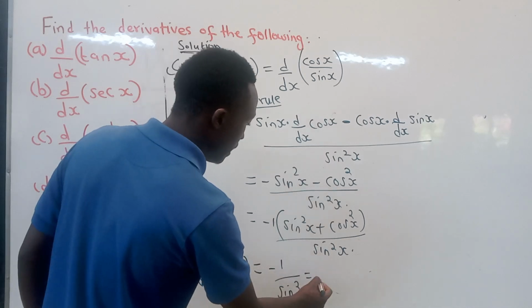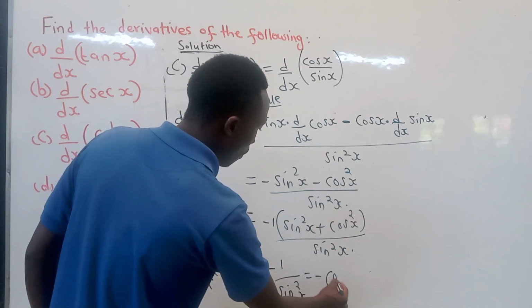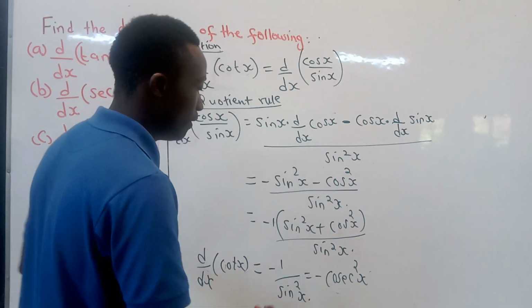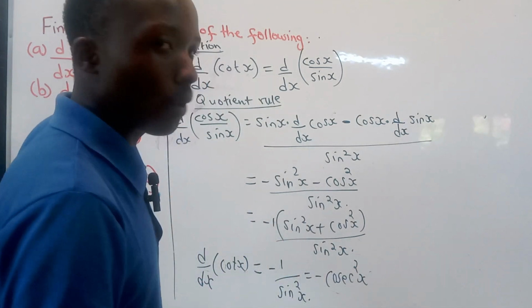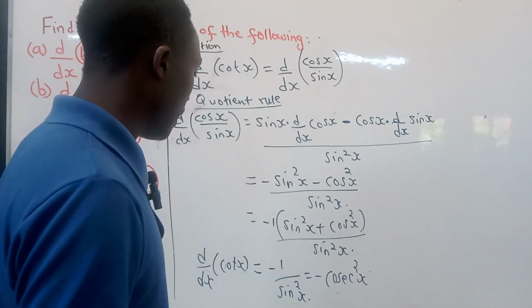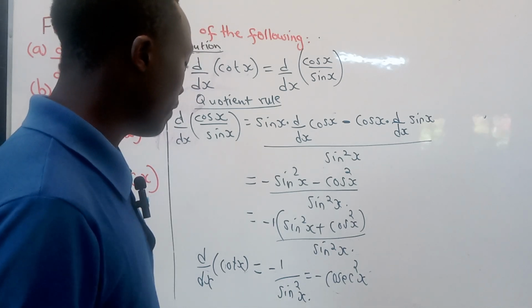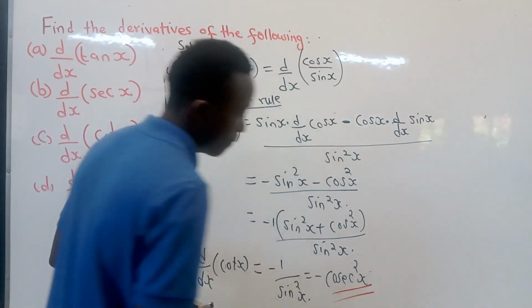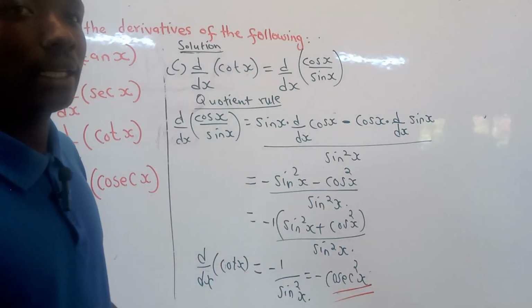That is the same as saying negative cosec squared x. And therefore that we can say is the derivative of the cotangent of x. So we are already done with that one.